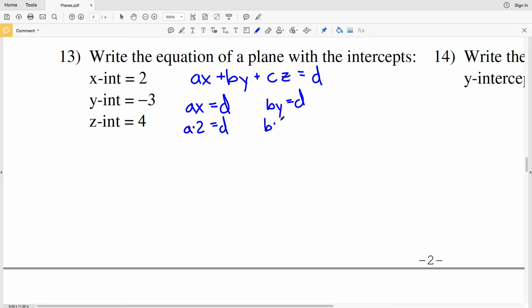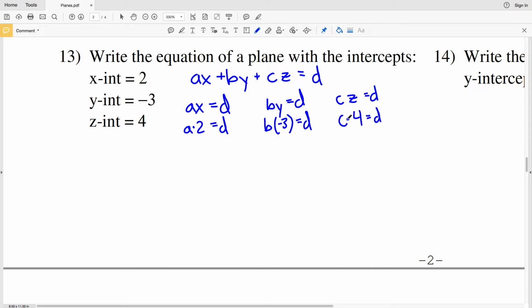So b times negative 3 equals d. And then lastly, for our z-intercept, that occurs when x and y are 0. So we have cz equal to d, but our z-intercept is 4, so that's c times 4 equal to d.